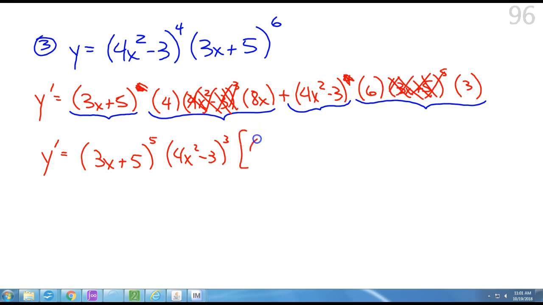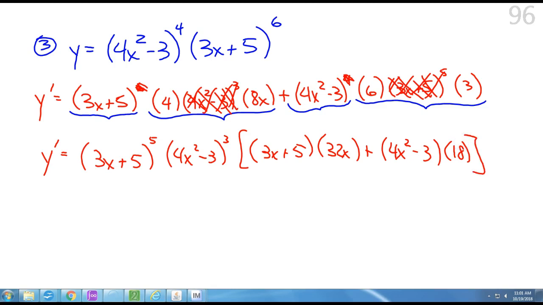So I'm left with 3x plus 5 times, I'll just simplify that, call that 32x, plus 4x squared minus 3 times the 6 times 3 gives me 18. And that's the main part. I still got to clean up the little mess in here, but how many got to this part, let's say? Alright, questions on anything I can help with?